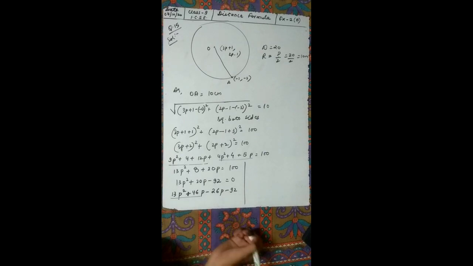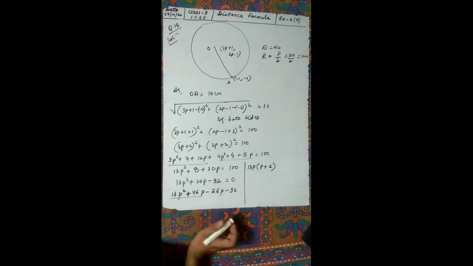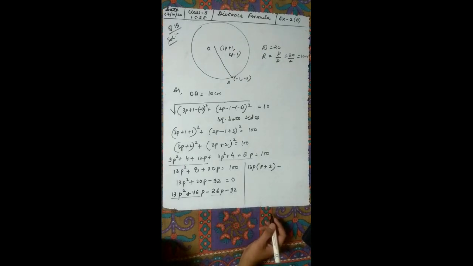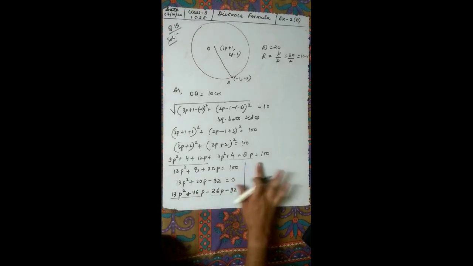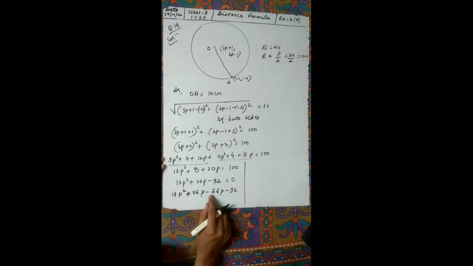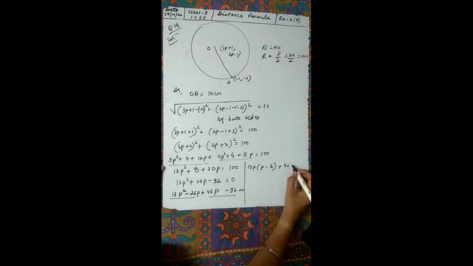Wait, actually we should write it in reverse, minus 26p and plus 46p. Now take 13p common, so inside we get p minus 2, and from the other part take 46 common, so p minus 2.